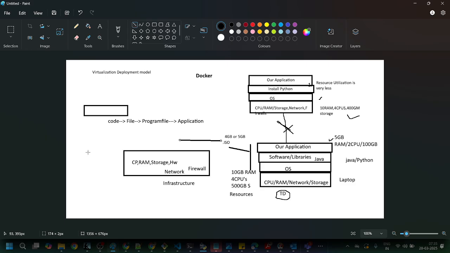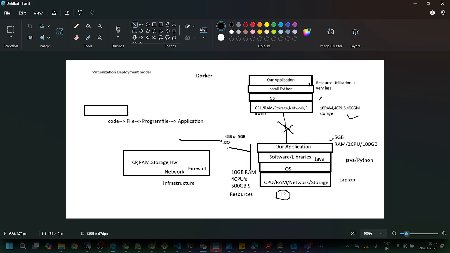So moving this ISO from one location to another is very hard. 4 GB or 5 GB, given the network bandwidth back then, was a very huge task, because the size is very heavy. It won't create 1 MB or 2 MB ISO images.